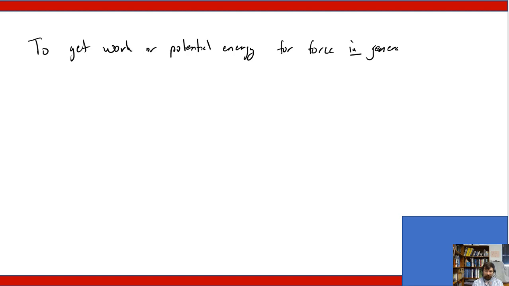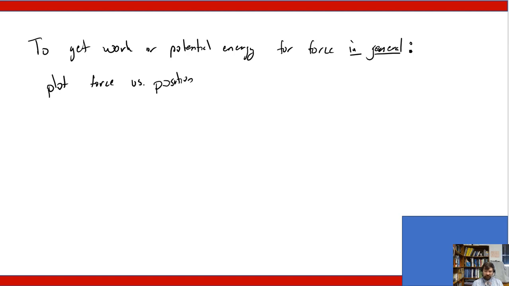So I guess this is the last point in this, and then maybe I'll do a brief example. Last point. To get work or potential energy for force in general, plot force versus position or displacement.